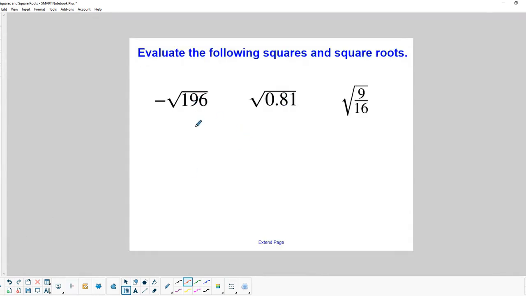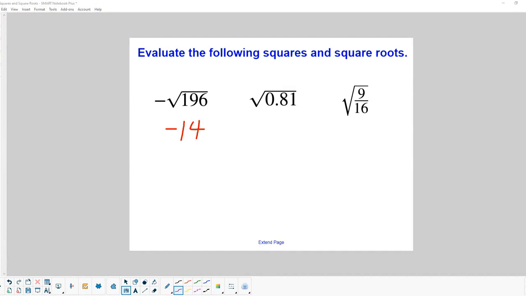Okay, how about these? The square root of 196 and the negative version of that. So the square root of 196 is 14, but the negative sign is out front, so that's going to be negative 14. How about the square root of 0.81?